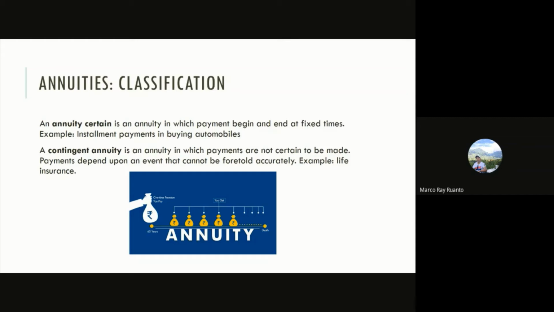The payments depend on an event that cannot be foretold accurately. So the start is not fixed, and when it ends depends on the event. Like life insurance, you can pay for a lifetime, until you retire. That was the case with the earlier life insurance, but now it is different.